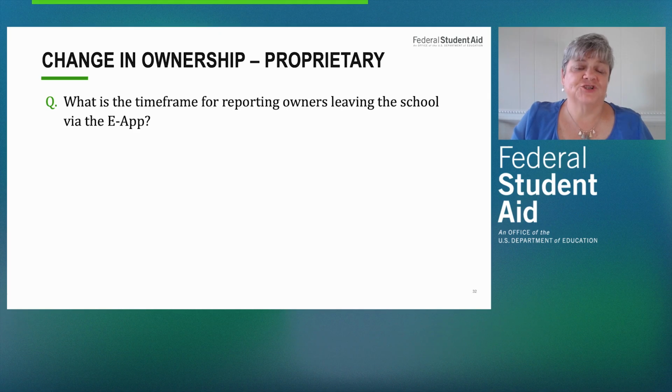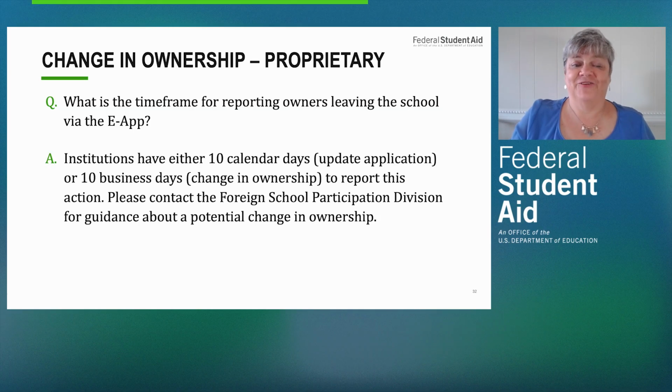This next question also applies to proprietary schools. What is the time frame for reporting owners who have left the school via the EAP? And again, we have another answer. It depends. If the action of the owners leaving the business does not result in a change in control, then you have 10 calendar days to report the occurrence using an update application.